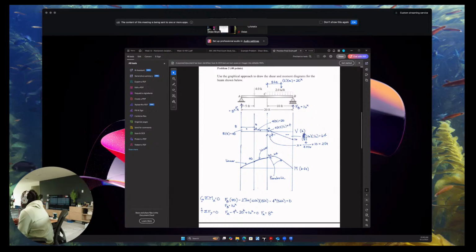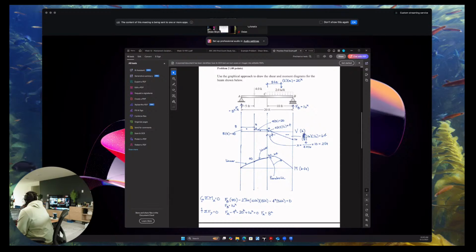So for the segment 10 to 20 feet, shear decreases linearly from 4 to -16. I understand that.